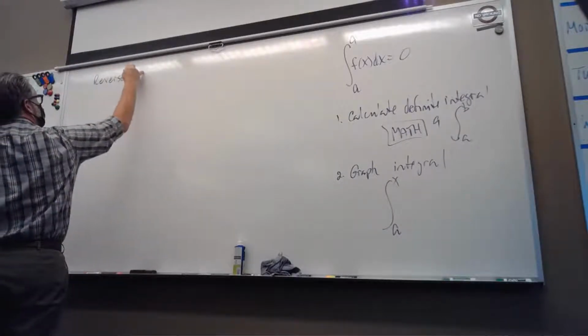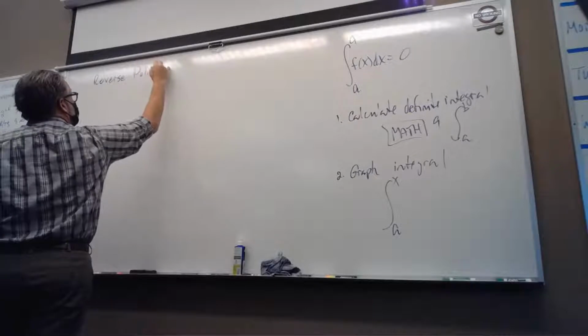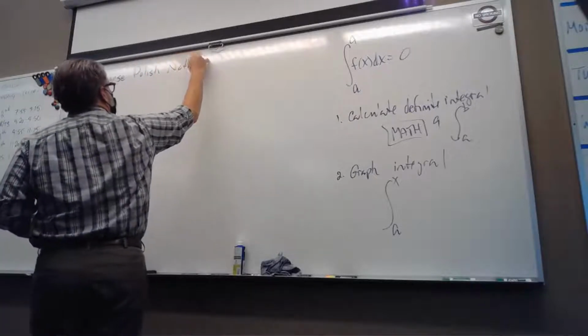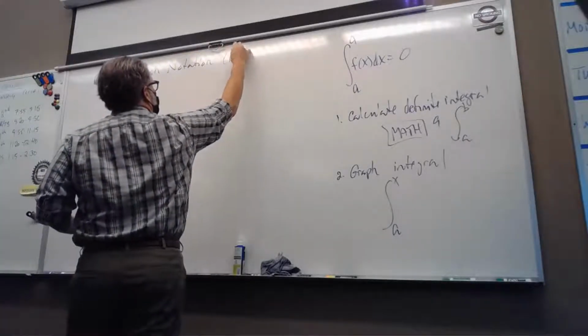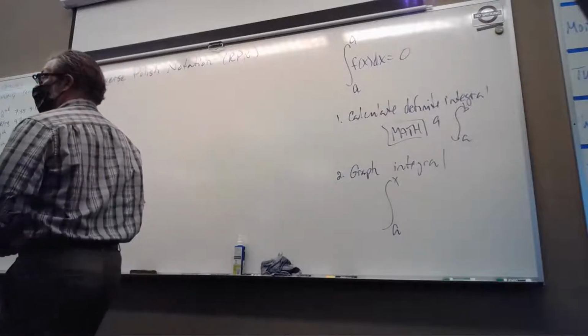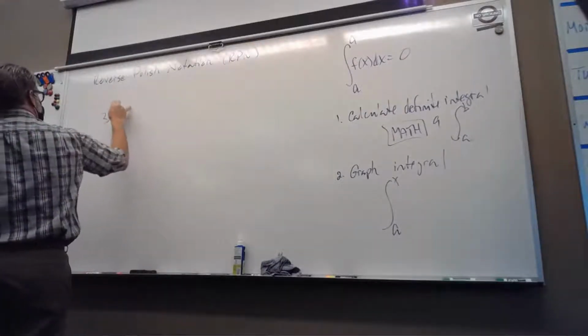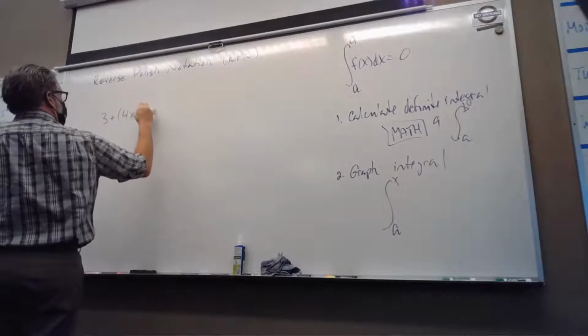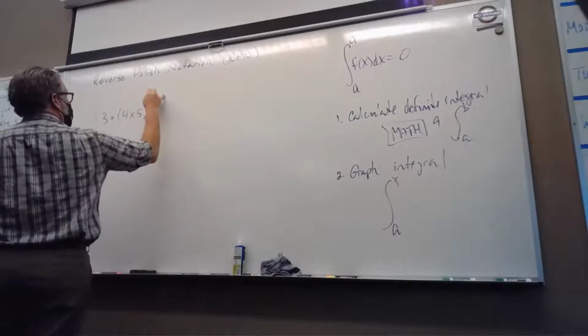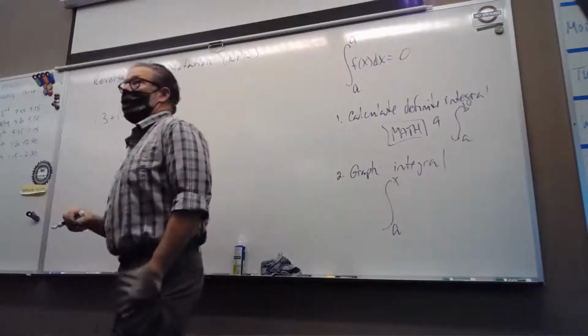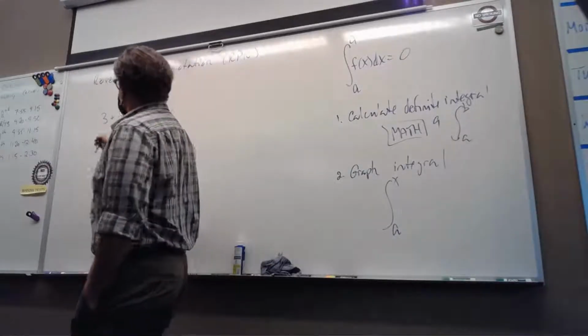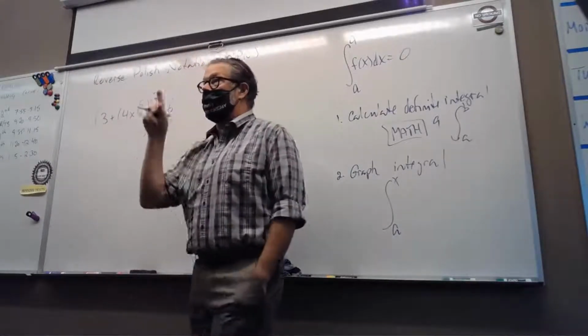Reverse Polish notation. RPN. Let me tell you about RPN. It's awesome. 3 plus 4 times 5 squared minus 6. If you were going to do that in your calculator, you have to type all of that in just like that.